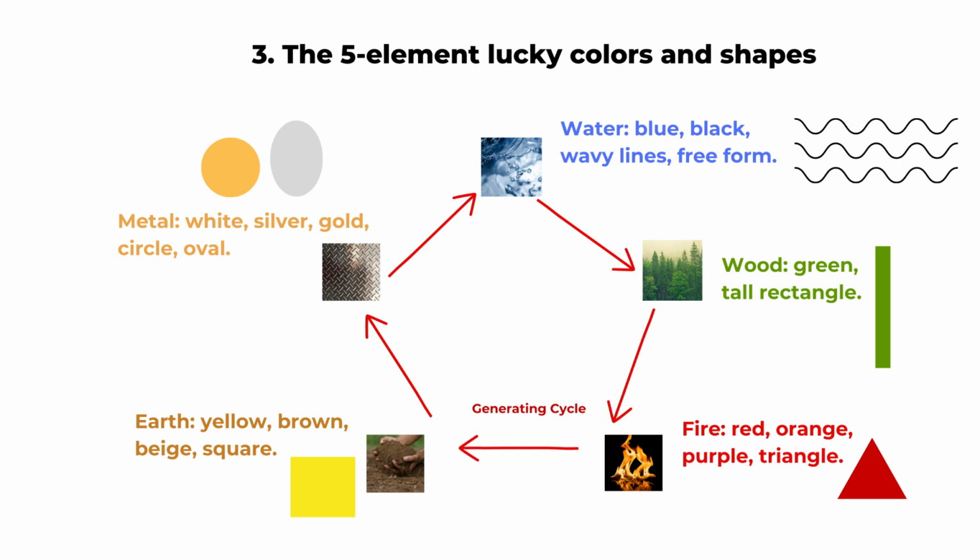For the earth element, it's yellow and brown or beige, and it's more square shape. And for metal, it can be white, silver, or gold, and the shape is circle or oval. So you can add more of those related lucky element colors and the shapes in your design.